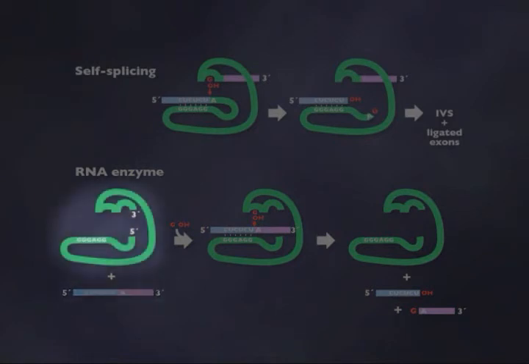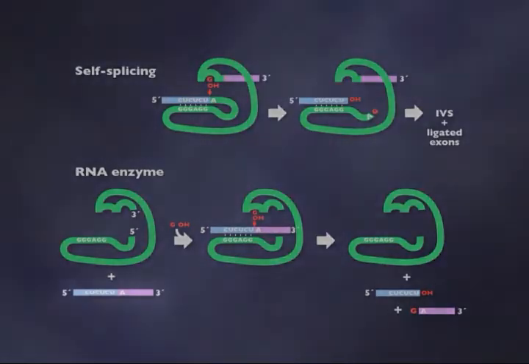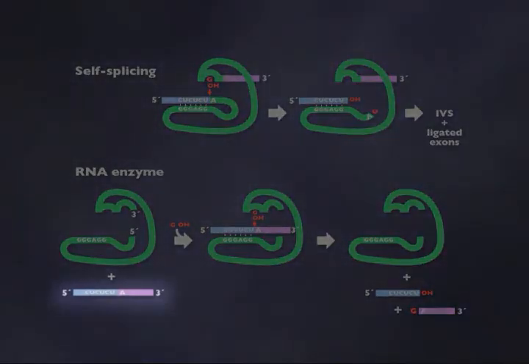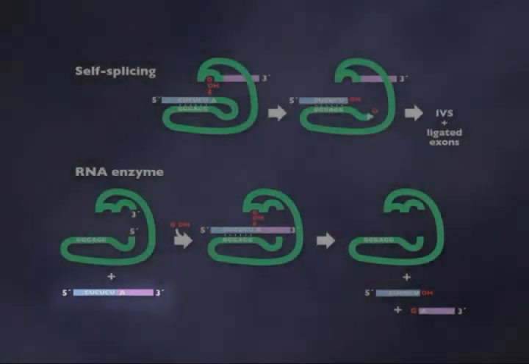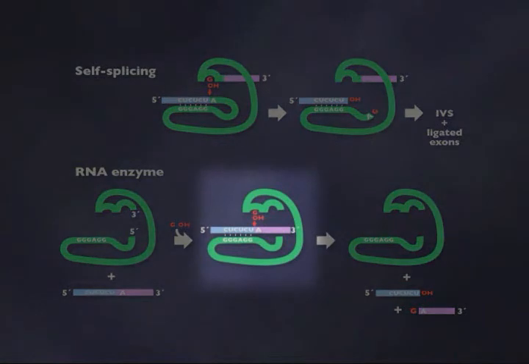This catalytic entity now in solution does nothing. It just sits there, but when provided with another RNA molecule that contains the CU sequence, the two of them can get together by base pairing and now form a structure which is a bimolecular analog of what was occurring within a single molecule in self-splicing.